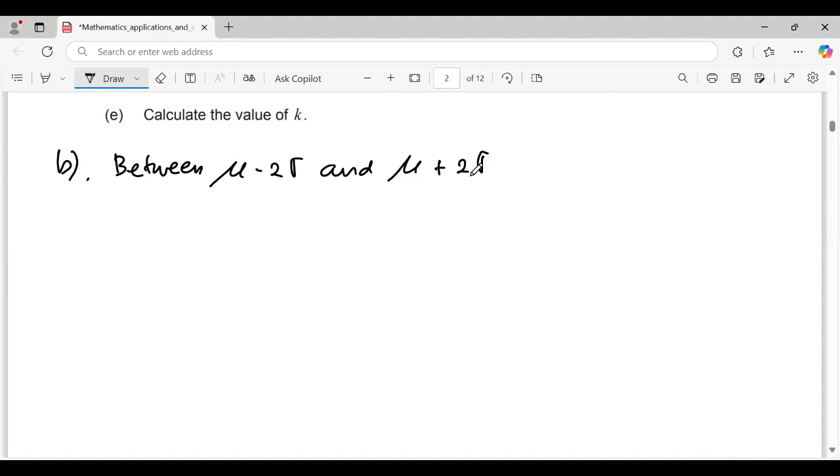We are going to substitute the values: mu is 350 and standard deviation is 10.